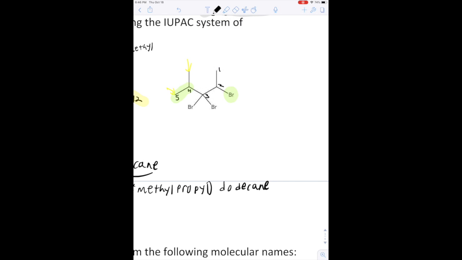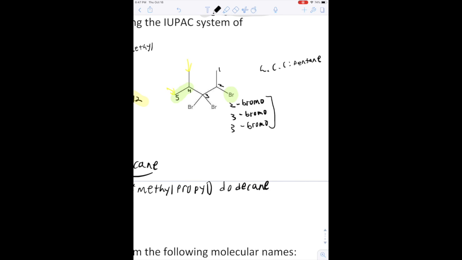Just go right here. So longest carbon chain, pentane, 2 bromo, 3 bromo. And there is another 3 bromo.